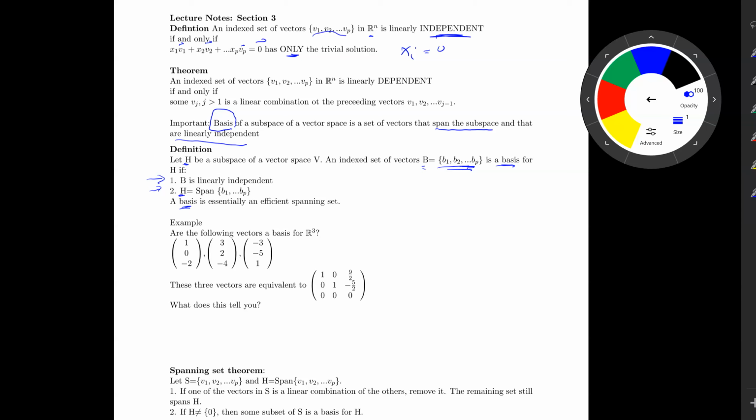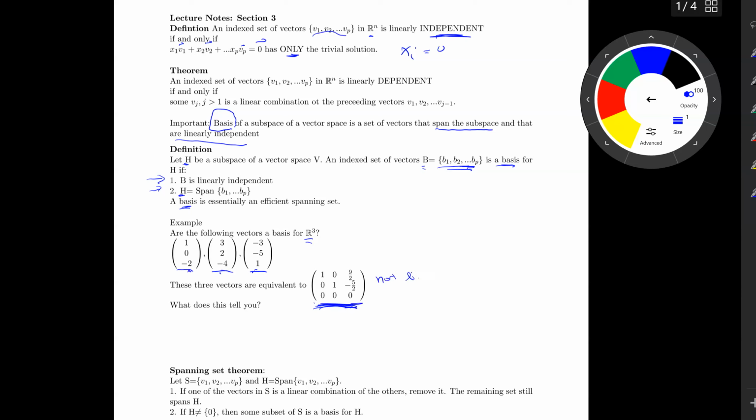So, are these three vectors a basis for all of R3? If I put these three vectors into a matrix and row reduce to echelon form, I get this. So what do I know? Are these three vectors linearly independent from what I get from this matrix?